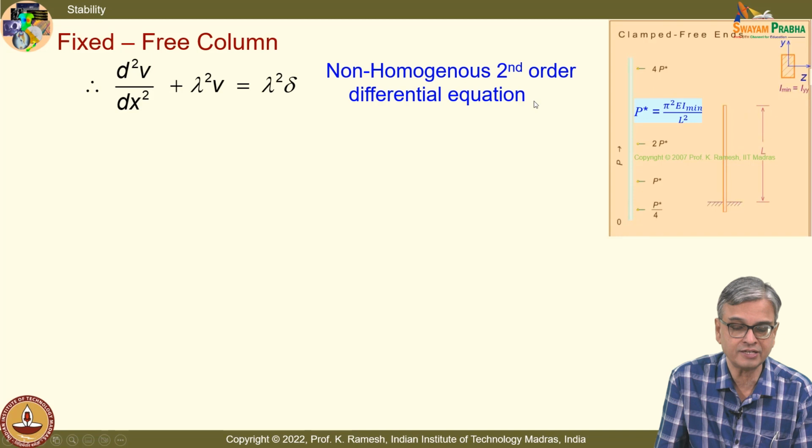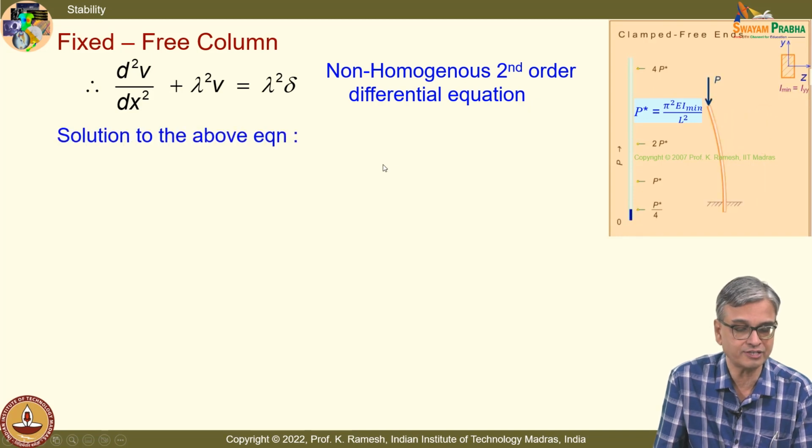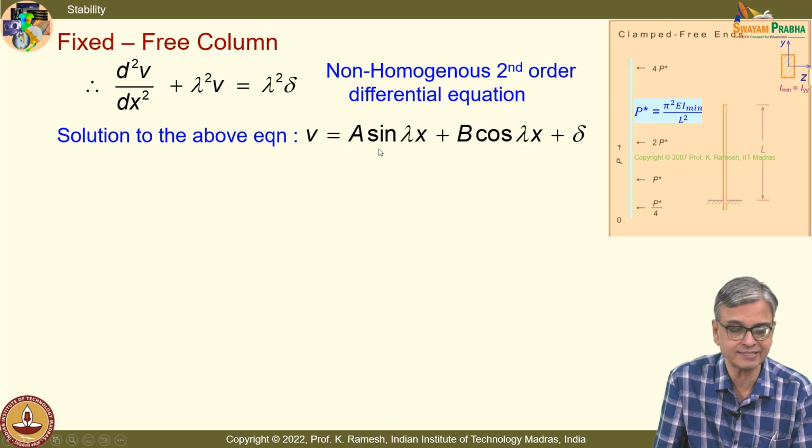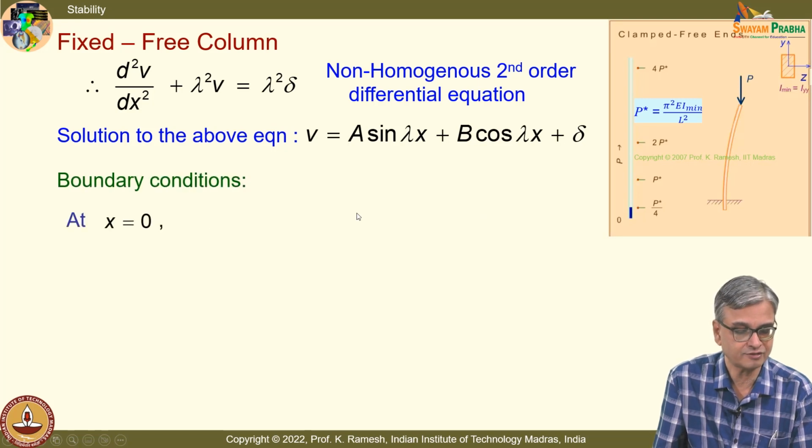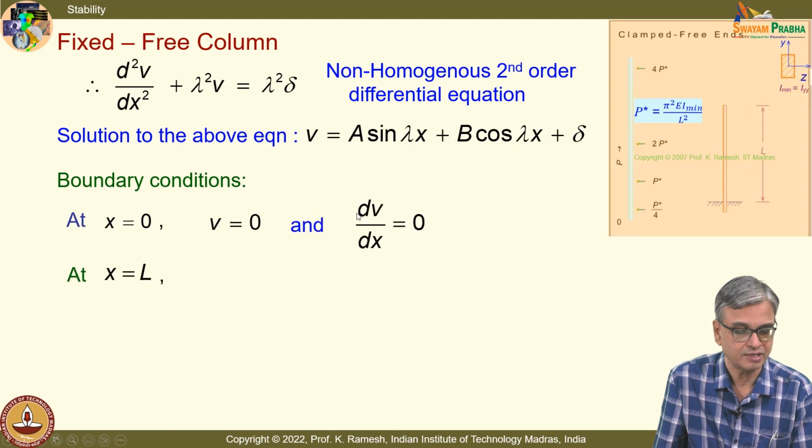It is a non-homogeneous second order differential equation. Solution to the above equation is of the form A sin lambda x plus B cos lambda x plus delta, and you have the boundary conditions. At x equal to 0, v is 0 and slope is 0. At x equal to L, v is delta.